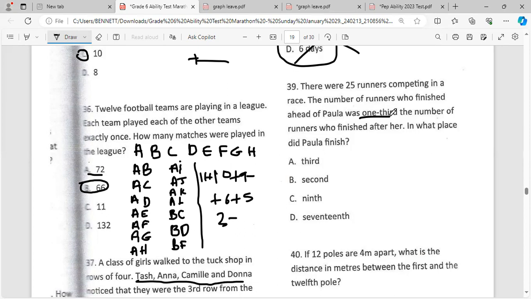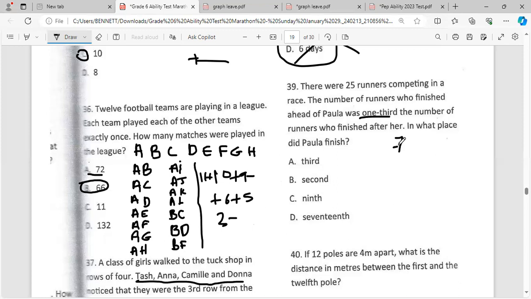Sir, I think I actually understand that now. Alright, go ahead, tell us what you think. Well, when it said that 1/3 of the number of persons who finished after her, that means 1/3 of 24, that means 8 persons finished after her. Alright, let us test the theory. Let us say you have 7 in front of her.